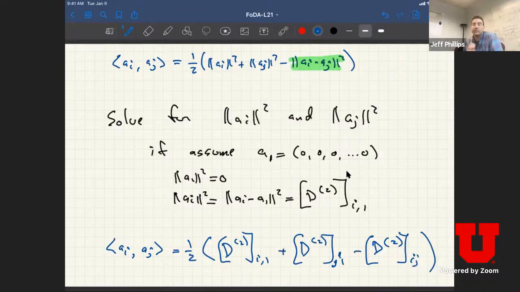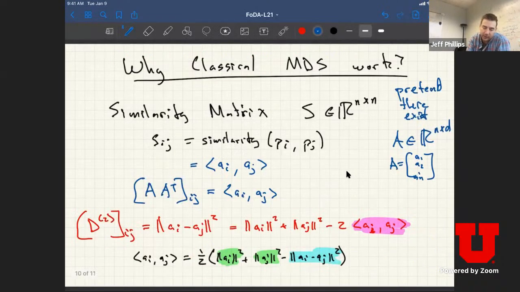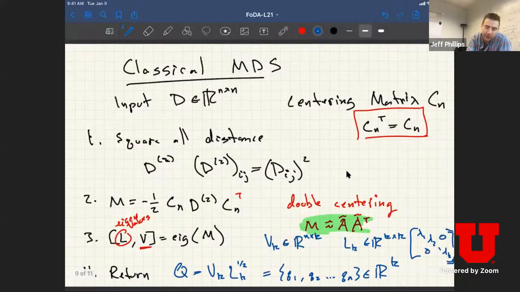So this looks fairly similar to the form that we had on the previous slide.